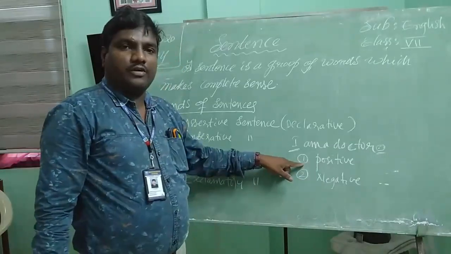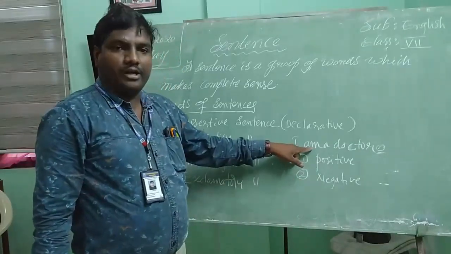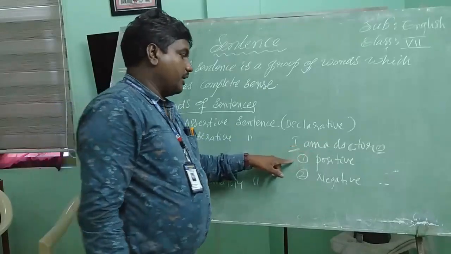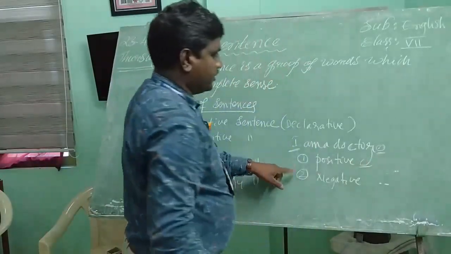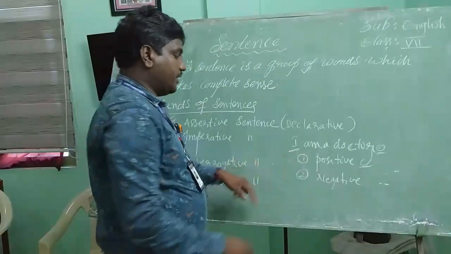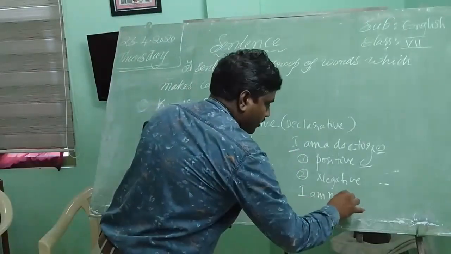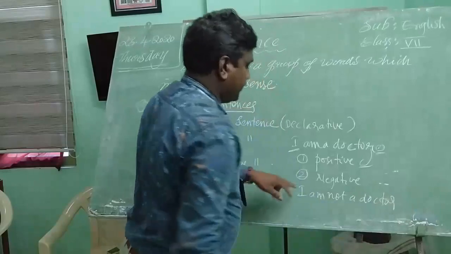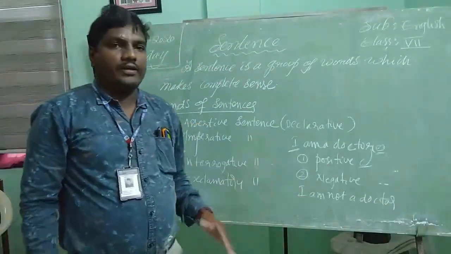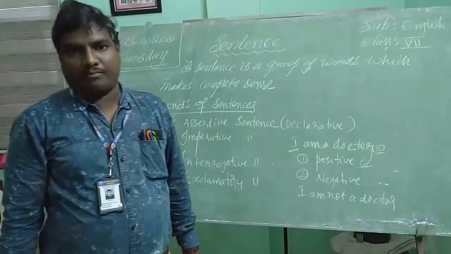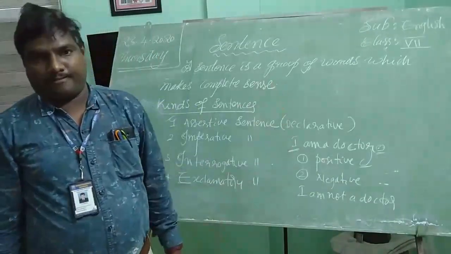What is the example of a positive sentence? I am a doctor is an example of a positive sentence. What is the example of a negative sentence? I am not a doctor. This is the example of a negative sentence. So in this way, in the examination you will be asked, she is writing a letter.